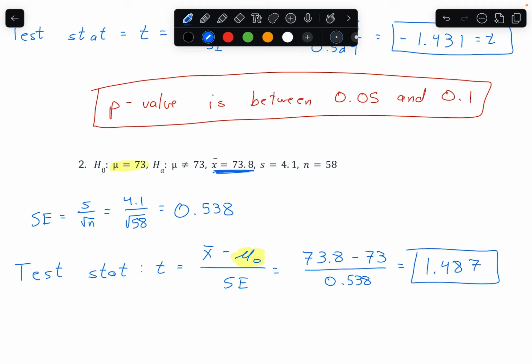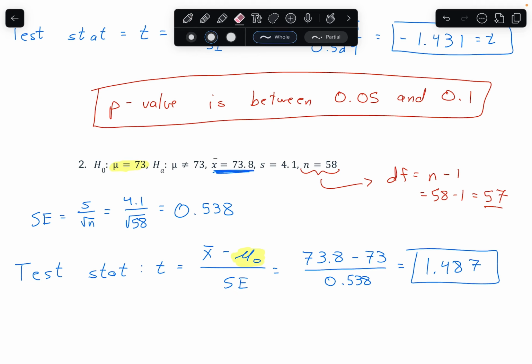I'm going to do two other things before I look over at my t-table in order to get the p-value estimation. First thing I need, remember, is my degrees of freedom. I'm looking at this value here, n. I know that degrees of freedom is n minus 1, so that would be 58 minus 1, giving me 57 degrees of freedom. We'll need that.